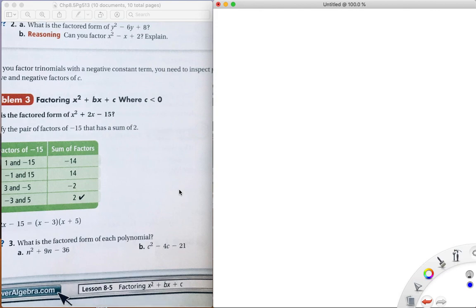Problem C, got it, 3A. So now we have another scenario. We have n squared plus 9n minus 36. So notice that our product is going to give me a negative number, minus here, and the sum is going to be positive.